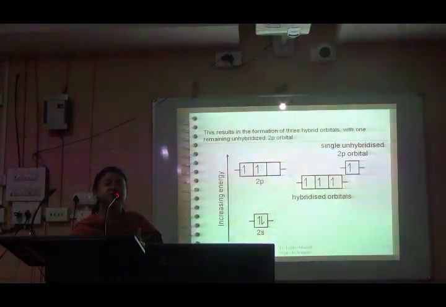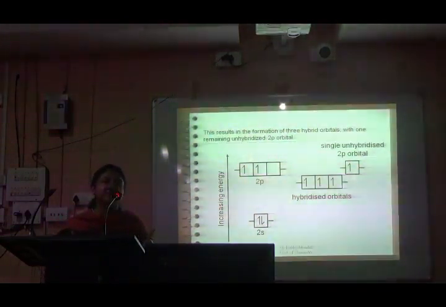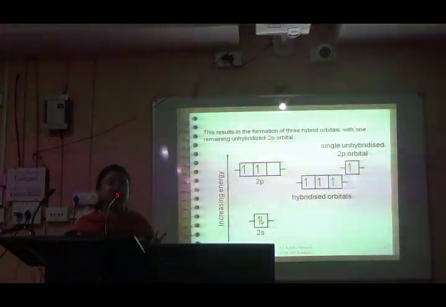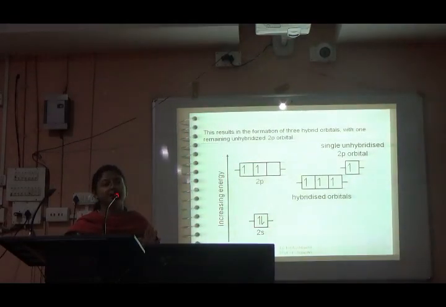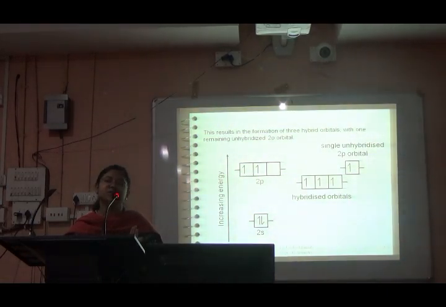Okay, sorry, it doesn't remain empty, it houses a single electron, but it remains unhybridized. So we have got hybridization by mixing of one s and 2 p orbitals, resulting in sp2 hybridization. The fourth orbital remains unhybridized as a pz orbital.